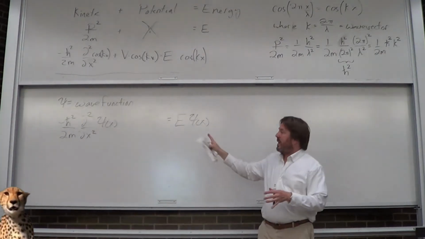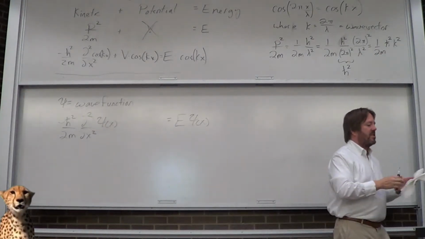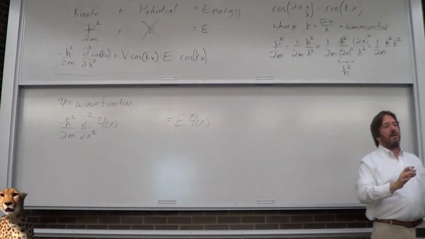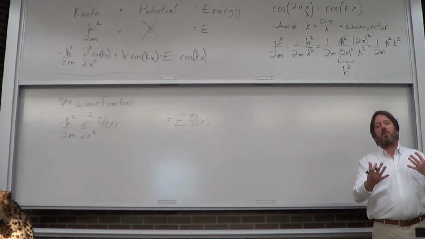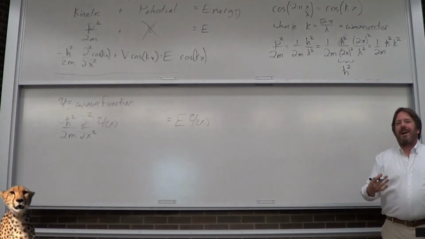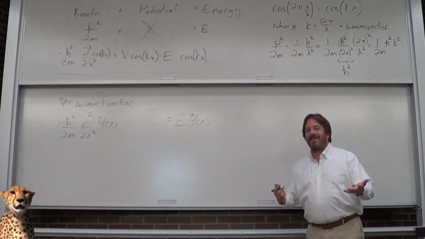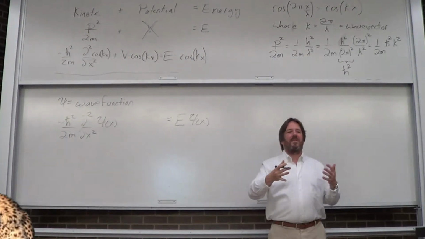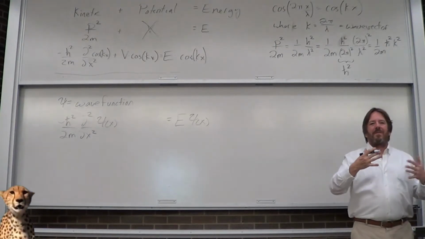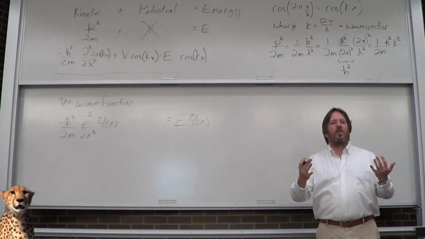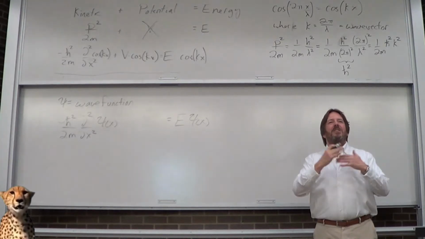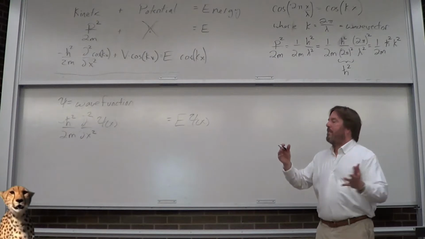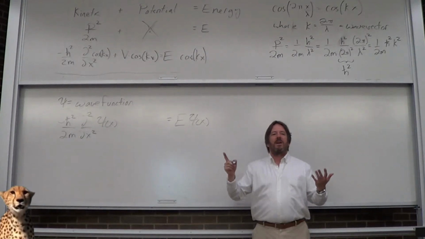Trust me, we're going to spend 2 weeks on doing things with no potential energy, because when I start adding potential energy, it really does truly get, I'm not ever supposed to use the word hard, but it's really freaking hard. Often it turns out, though, just like last semester, I think I told you this, that mathematicians around the 1700s, when they figured out differential equations and all that stuff, just started solving equations for the hell of it, and they literally solved every type of differential equation you could ever run into.